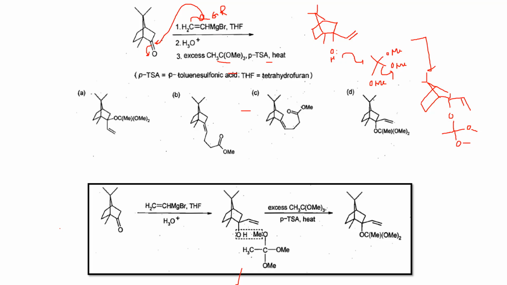After that, as paratoluene sulfonic acid is already given, these two esters undergo a deprotection type of reaction, like the aldehyde deprotection, and generate a ketone moiety.